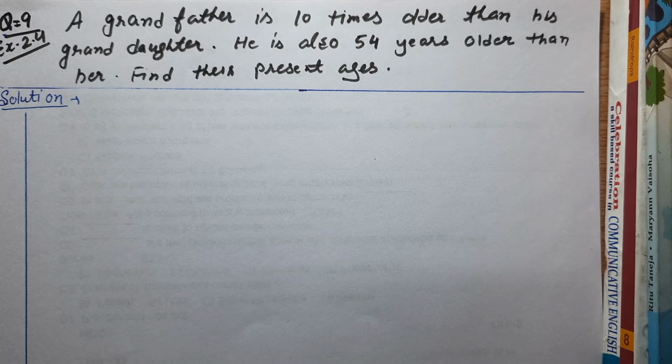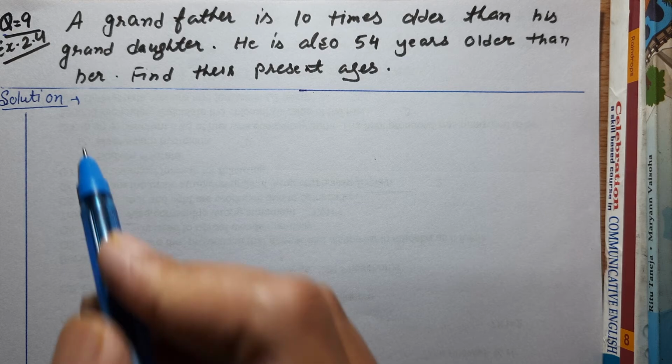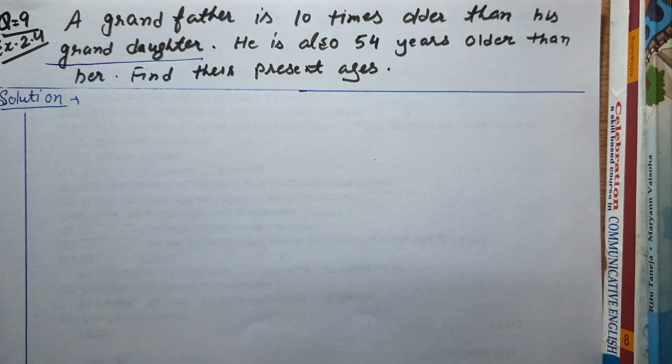Yes, children, now we are moving to question number 9. That is a very easy sum. Understand it. A grandfather is 10 times older than his granddaughter. He is also 54 years older than her. Find their present ages. So what do we need to suppose? We need to suppose first of all the age of the granddaughter.